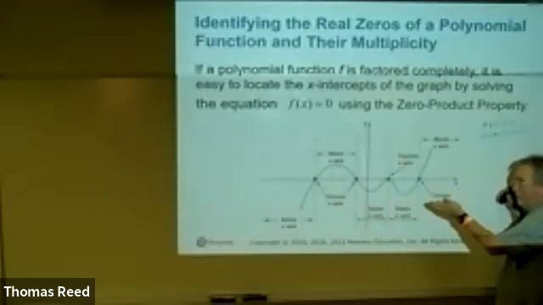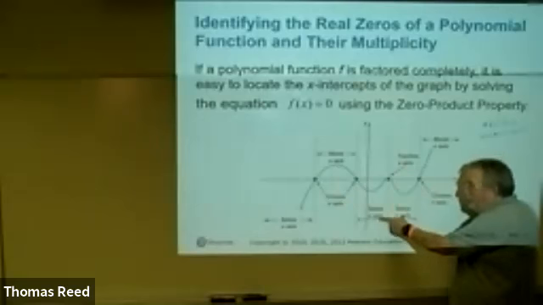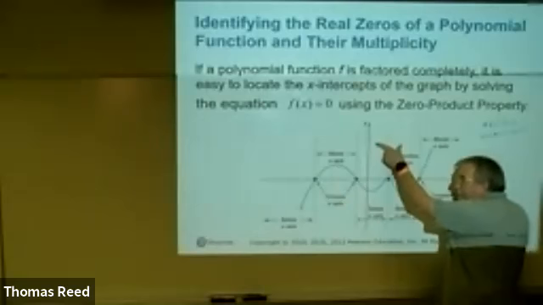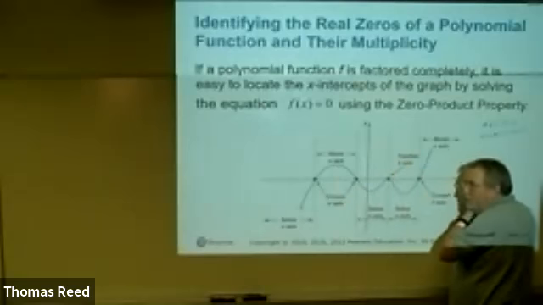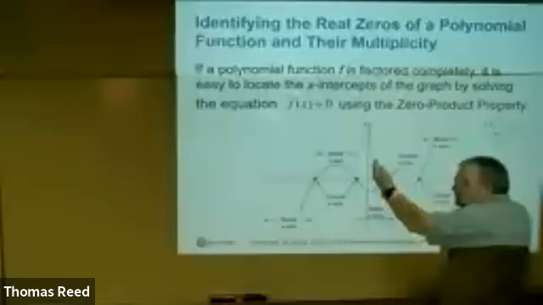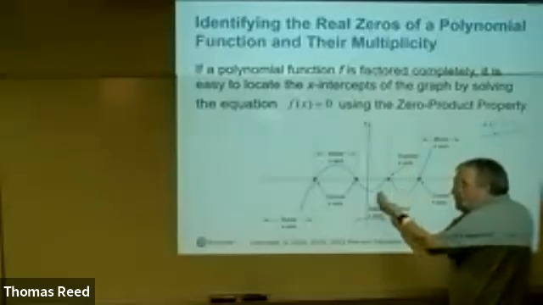And then to determine if it just touches there, if they're both below or they're both above, then it comes up and touches or comes down and touches, because on both sides it's both negative or both positive. So they're either both below or they're both above for it to touch there.